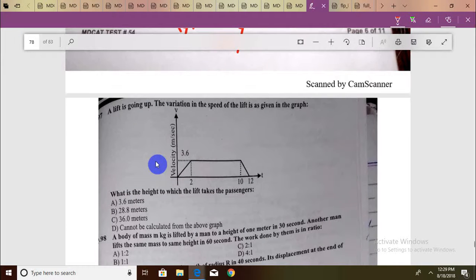So a lift is going up. The variation in the speed of the lift is as given in the graph. So this is a velocity and time graph, I believe. What is the height to which the lift takes the passengers?